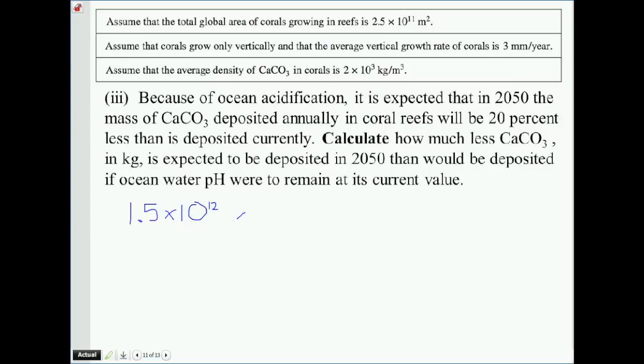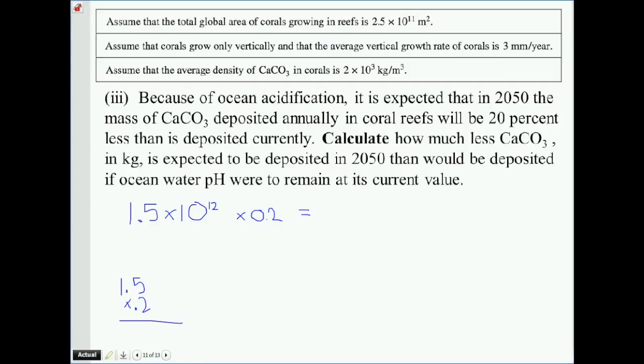Okay, so we need to do times 20%, which is times 0.2. So when you're actually calculating it, you can just do 1.5 times 0.2, and then see what that is, and go from there.